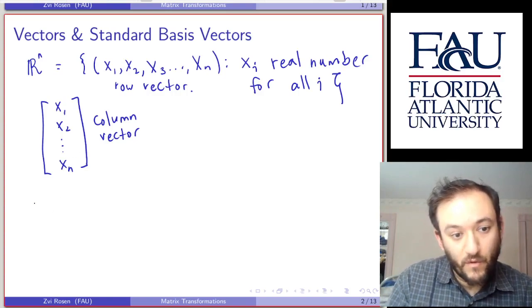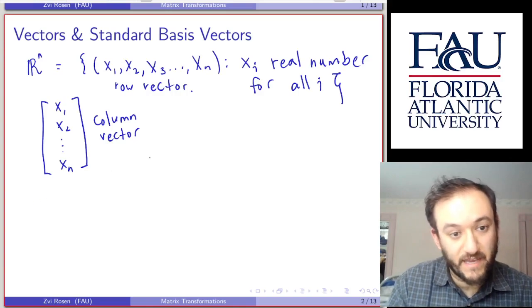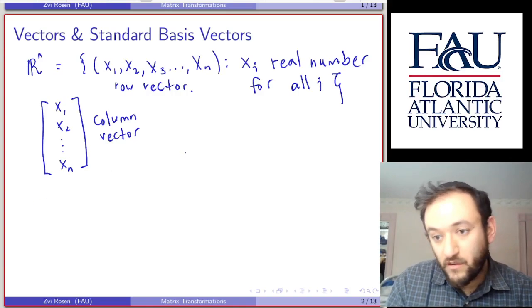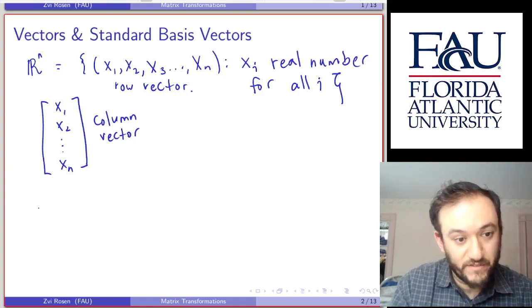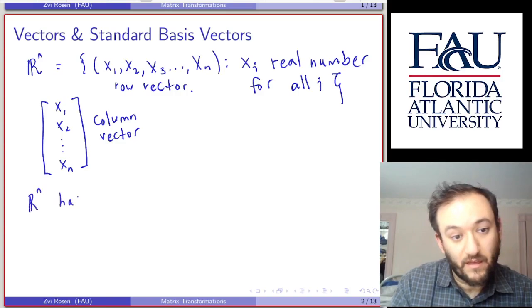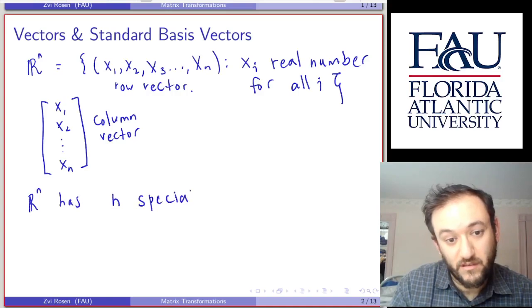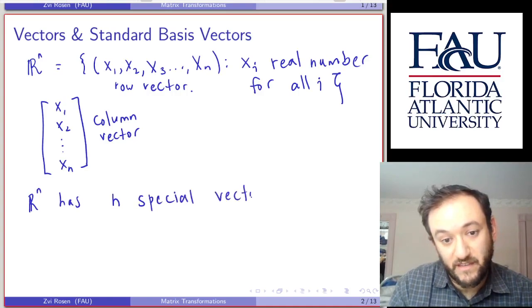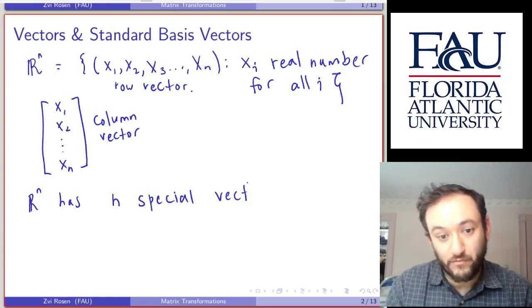Okay. When we're working in Rn, so for a fixed n, there are special distinguished vectors called standard basis vectors. So Rn has n special vectors, and these are the ones that have 1 in one of the positions and zeros everywhere else.